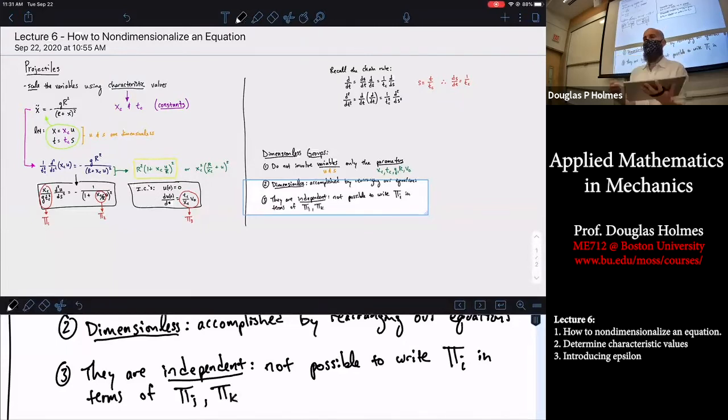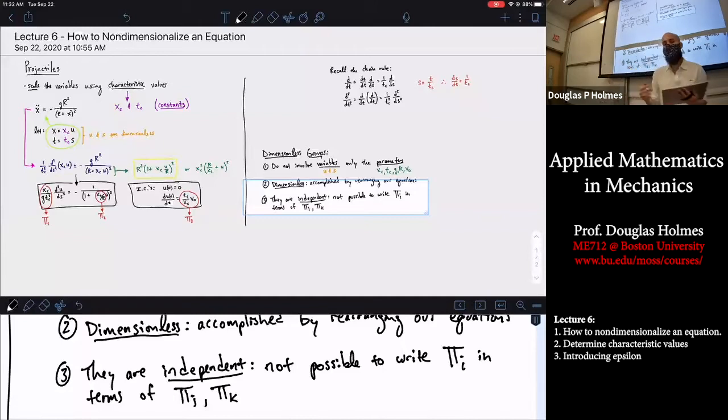Here I'm using subscripts, saying it's not possible to write, for instance, Pi i in terms of Pi j or Pi k. You'll find this, not in this problem, this one is sort of clear, but on the midterm problem, one of the most common mistakes is when they get to their dimensionless groups, they don't recognize that, like, oh, I have 7 dimensionless groups, but actually Pi 5 is 1 over Pi 2. That's not independent, so you only need one of those.